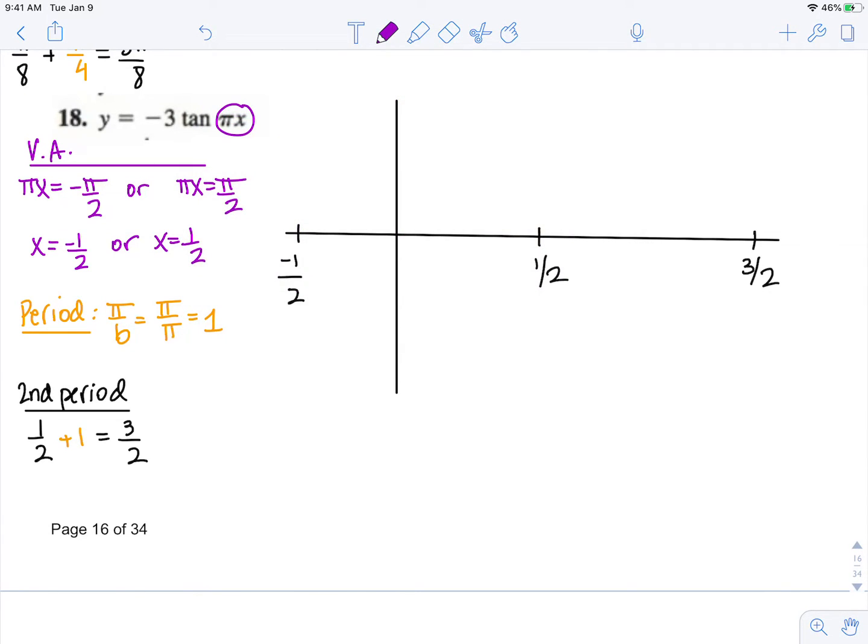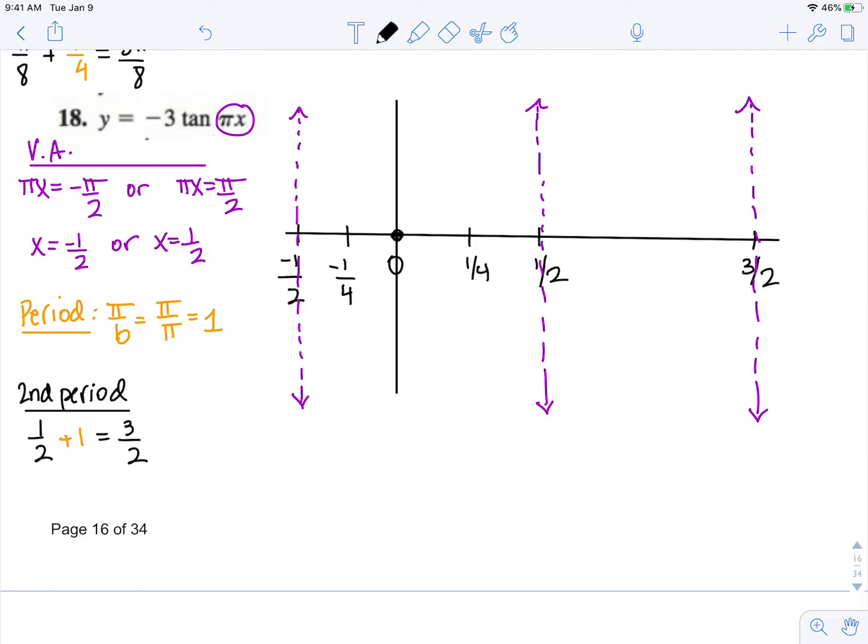And we know at the ends of each of those periods there are going to be vertical asymptotes. So now I'm going to split these up into the intervals. In the middle here is 0. This is 1/4, and this is negative 1/4.